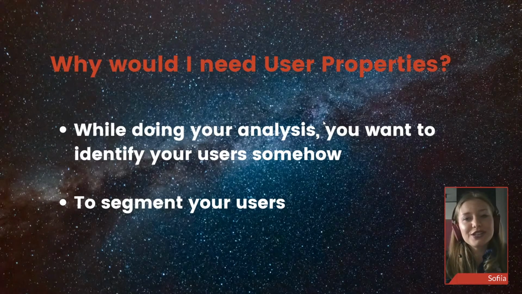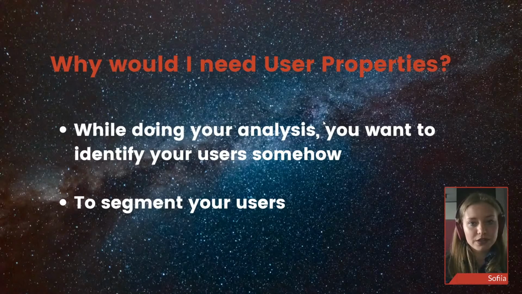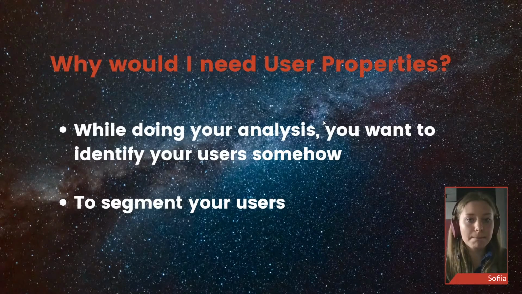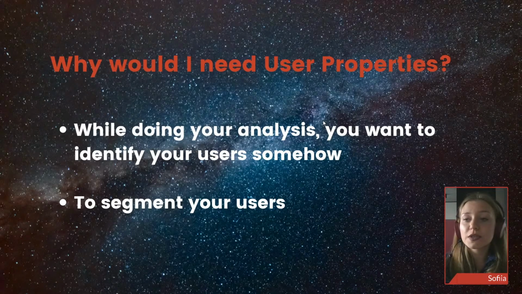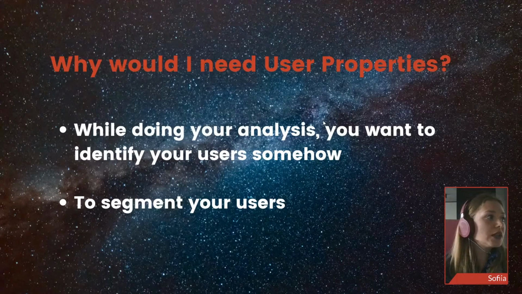So, why do we need user properties in general? If you want to perform your analysis, you want to identify those sets of users, those user groups somehow. You want to filter out your users. You want to segment those users. But how can we say, okay, I want to see all users who have this gold membership?